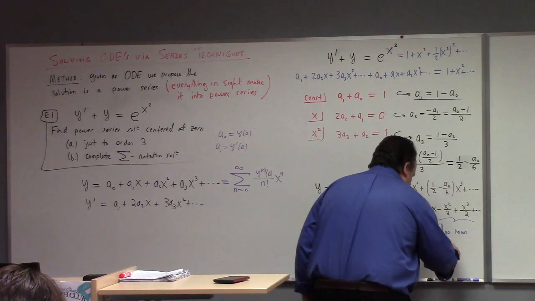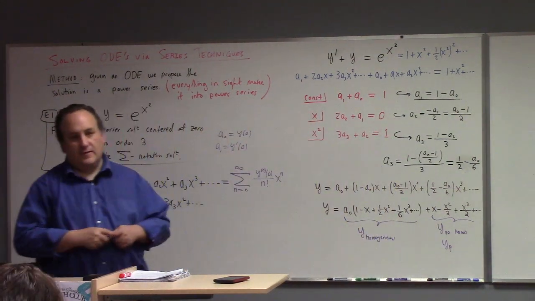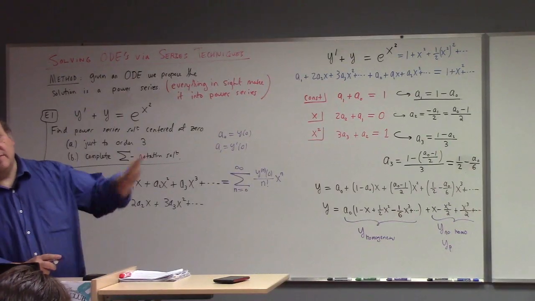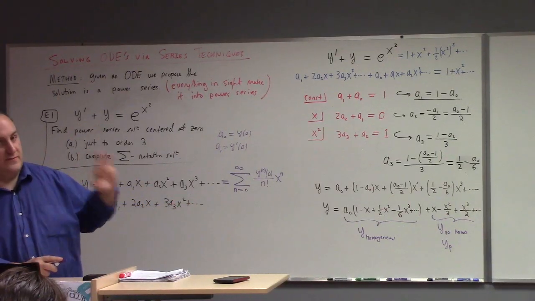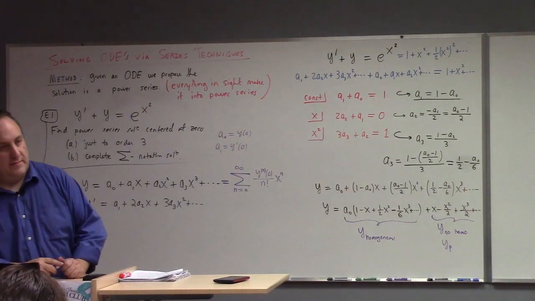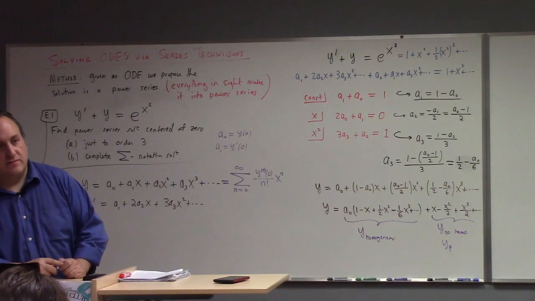Okay, we usually call it y particular, but not the homogeneous part. That's what's coming from the e to the x squared term, right? If e to the x squared wasn't there, we'd just get the stuff with a naught. And we wouldn't have this pesky 1 and x squared term littering these recurrence relations with the constants.